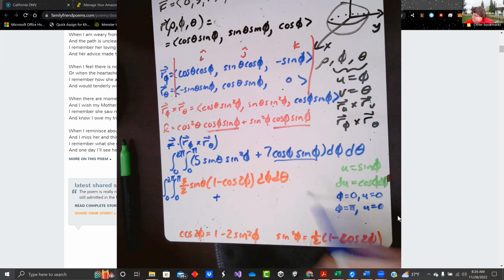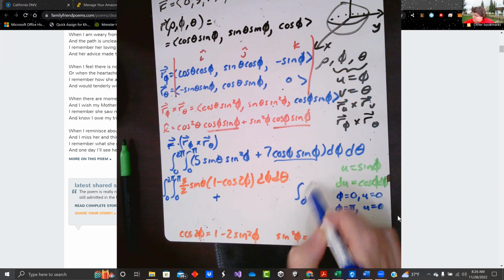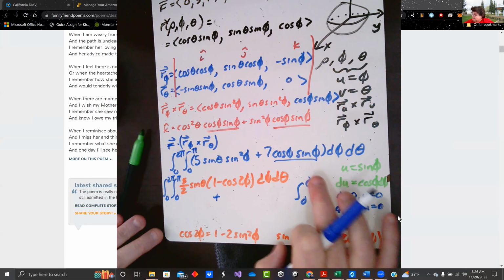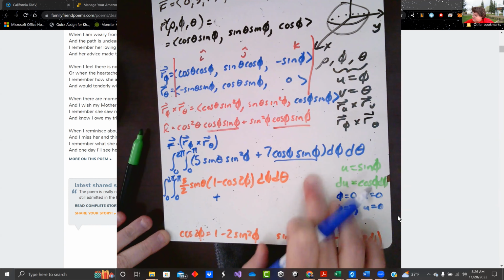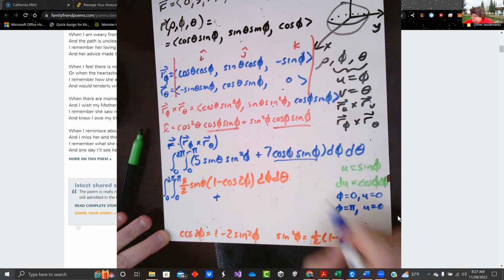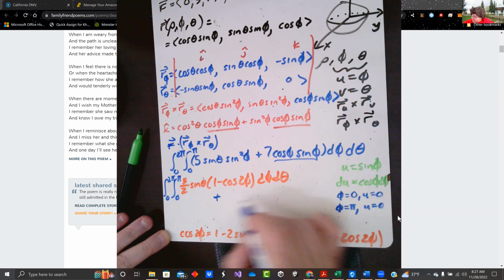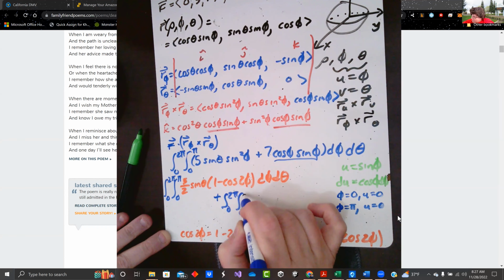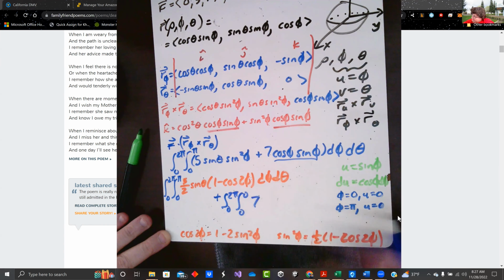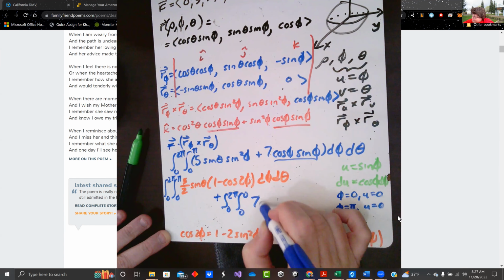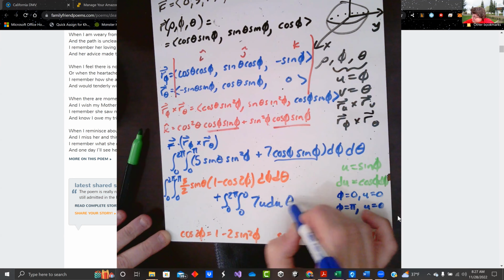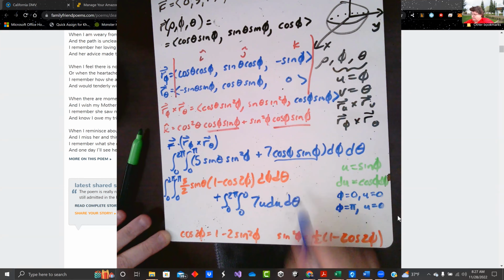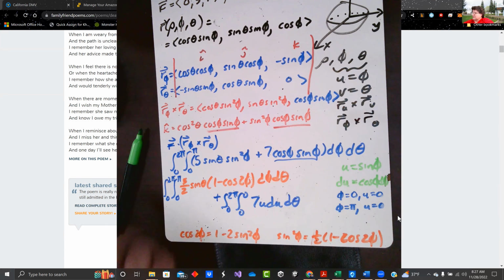So that integral goes to 0. We've got 0 to 0 on the limits of integration. That just cancels out. We got nothing. But I will write it since we're going to the next tab. What we would have is 7 u du d theta, and this will go to 0.